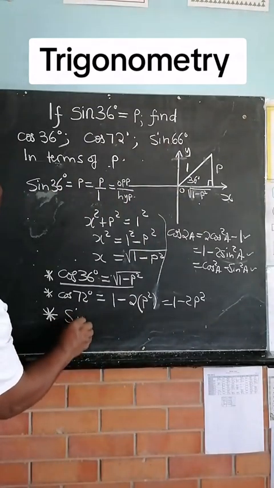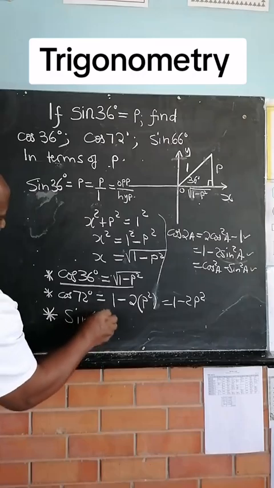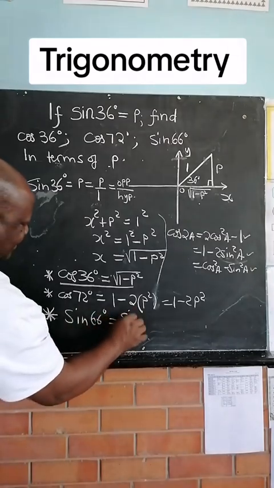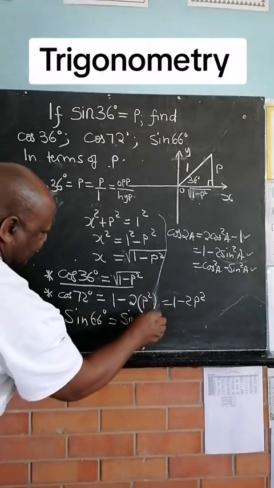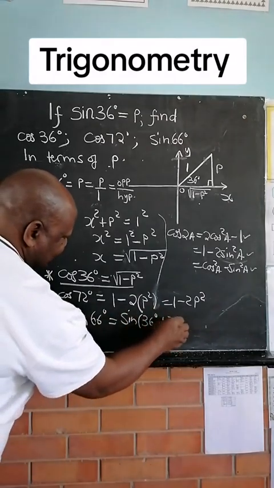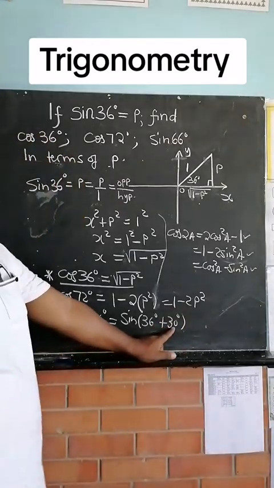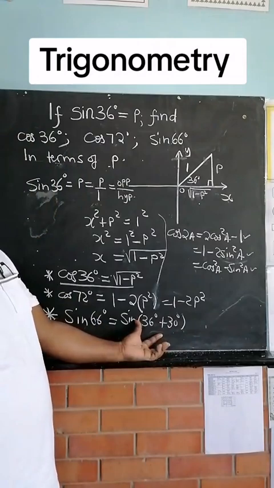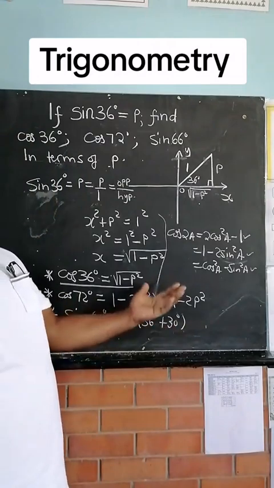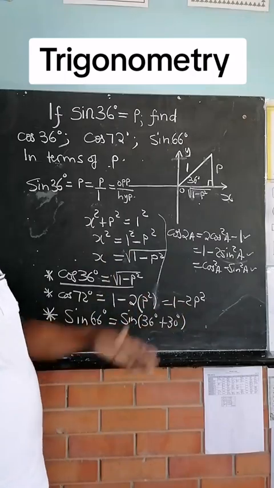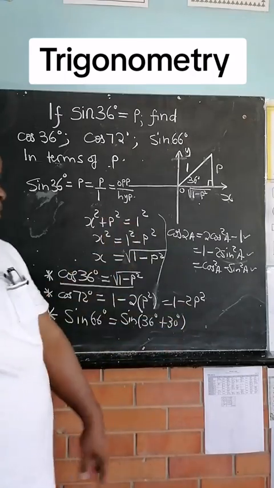So I'm going to write sine of 66 degrees as the sine of 36 degrees plus 30 degrees. The advantage being that if I am going to expand this, I'm going to get ratios of 30 degrees, and 30 degrees is a special angle, and we know the ratios of a special angle.